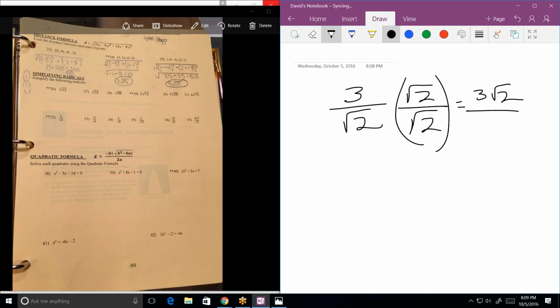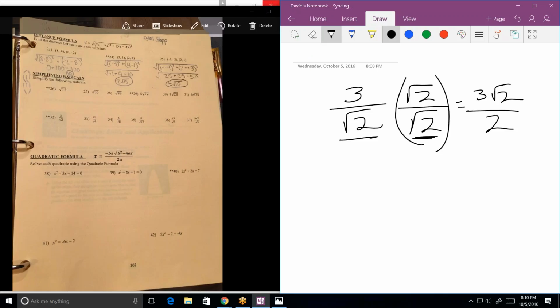Just 2. In other words, root 2 times root 2 is 2. Okay, that makes sense. Root 7 times root 7 is 7. Root x times root x is x, no matter what x is. And notice that we now have something that has a rational denominator.